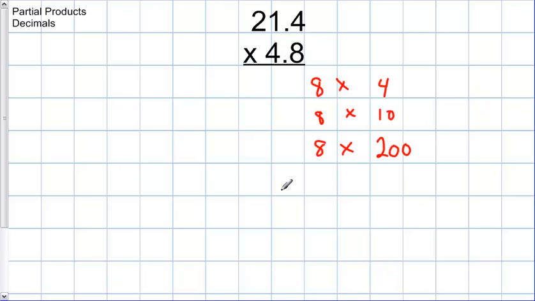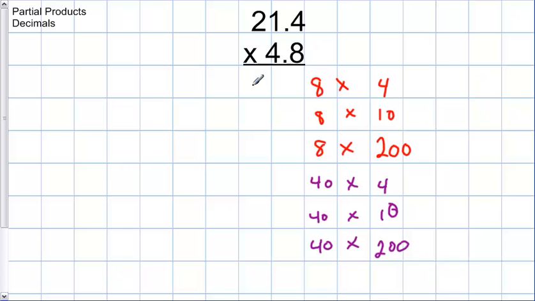So the value of this 4 would be 400. I'm sorry, not 400, 40. So 40 times, 40 times, 40 times. So again, these numbers stay the same. So 4, 10, and 200.